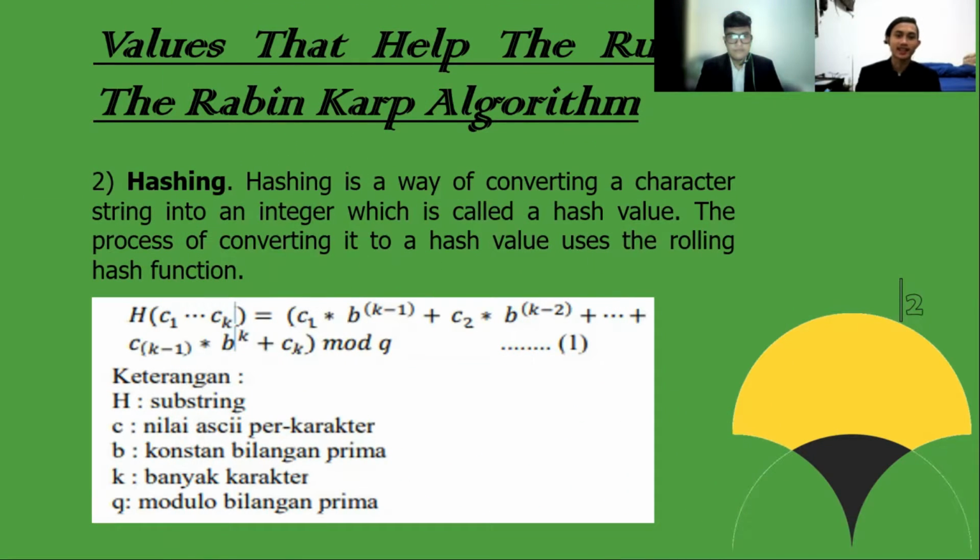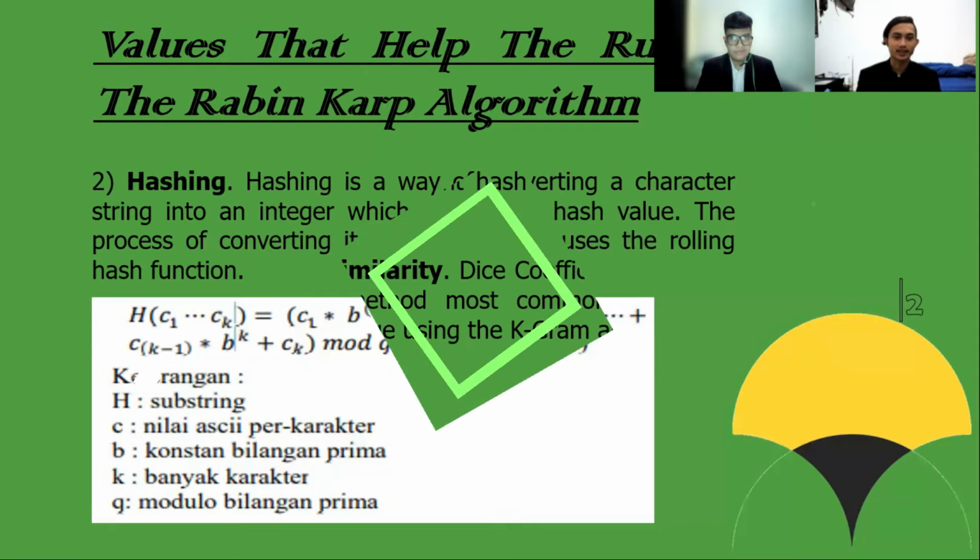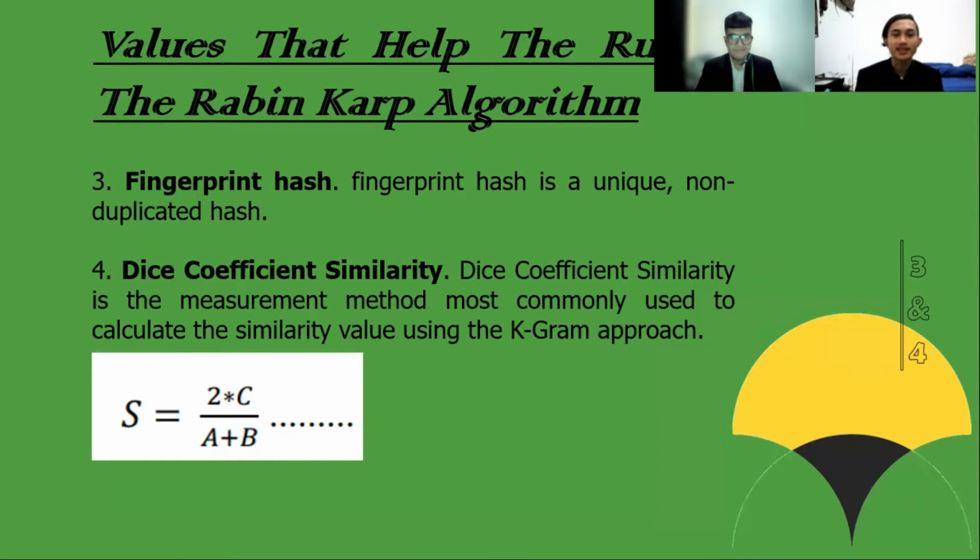Second, hashing. Hashing is a way of converting a character string into an integer, which is called a hash value. The process of converting it to a hash value uses the rolling hash function. This is the formula of hashing, or rolling hash. Third, fingerprint hash.